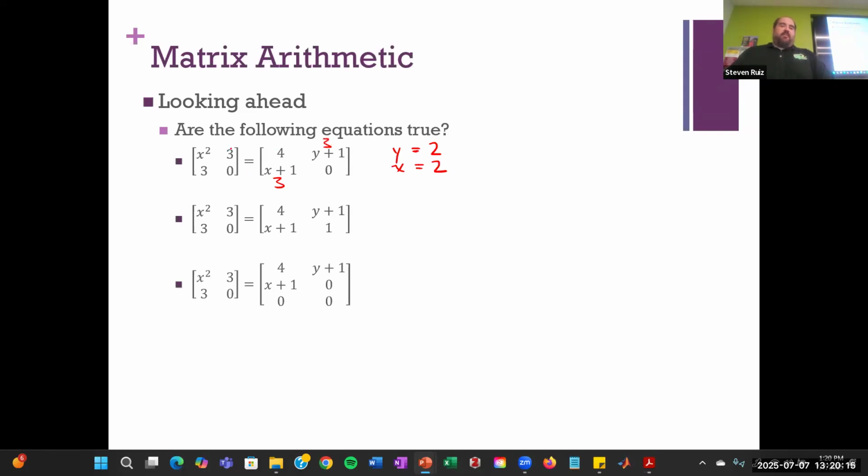So you're corresponding the entries together, and then by default, x squared will equal 4. What about if x equals -2? Does this work? I think that the top left corner will work, but that's about it. So it sounds like you're assuming that for these equations to be true, every single corresponding pair of entries has to be equal.